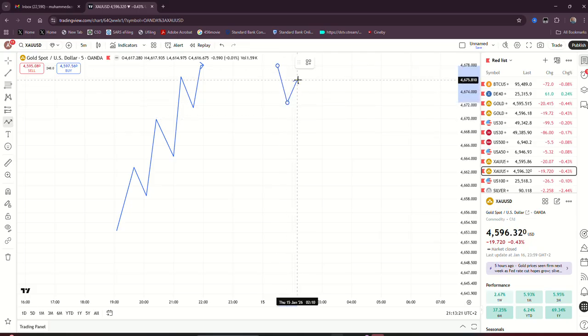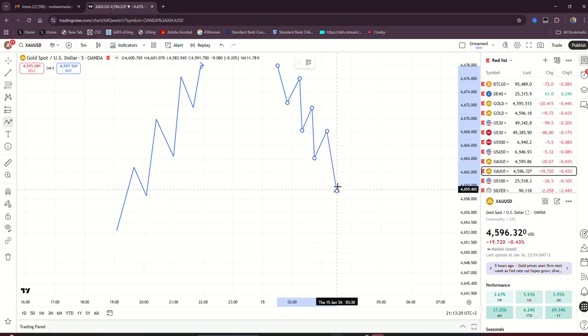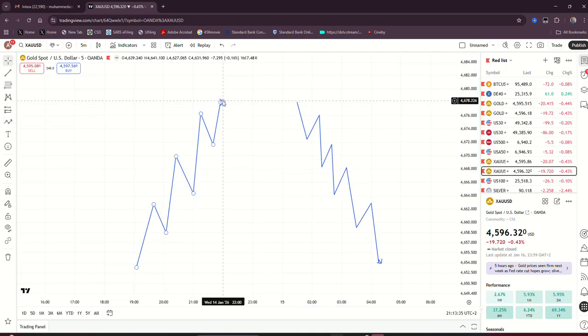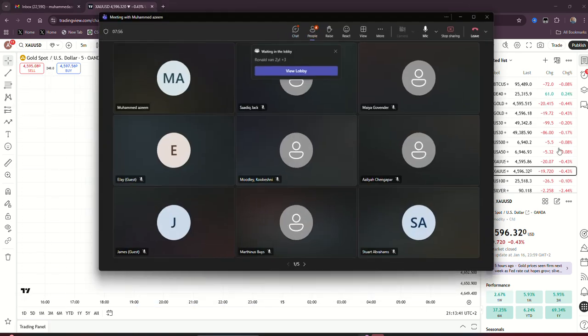We're creating lower lows and lower highs, lower low, lower high. That's your downtrend.